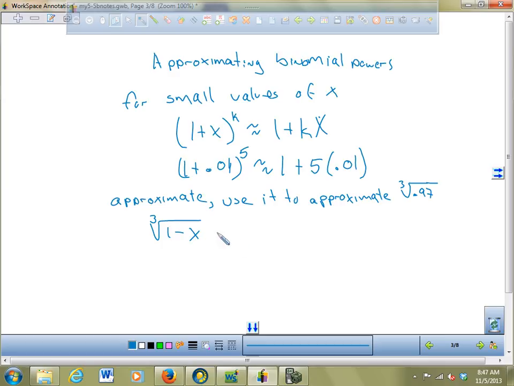So first we're just going to find the equation. So this is equal to, first you want to rewrite it in this form. So it's 1 minus x raised to the k. So I could rewrite this. This is approximately equal to 1 minus x raised to 3. So this is approximately equal to 1 minus 3 times x.